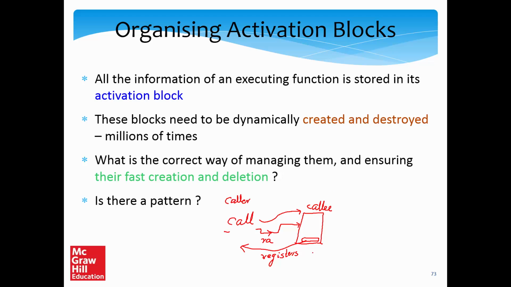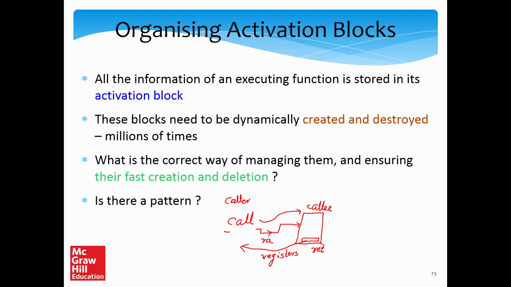Now, after the callee function finishes, we invoke the ret instruction, the return instruction. The return instruction comes back to the return address, which is just one instruction after the call instruction. And prior to executing the return instruction, we have to destroy the activation block of the callee.